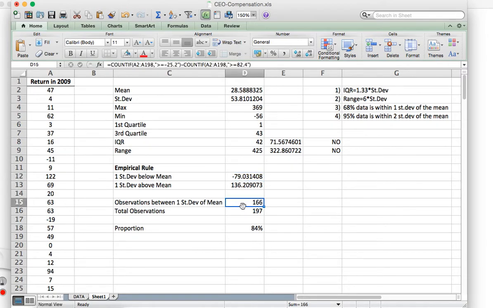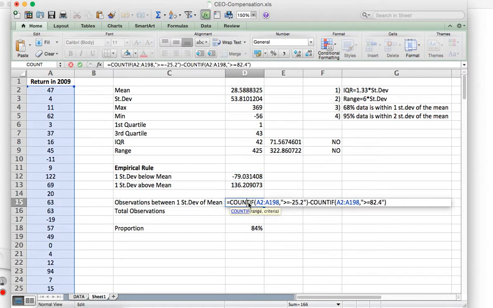And now I can do COUNTIF again, and I can change this lower value to minus 79.03. The value on the upper side is now 136.21. You can actually do cell referencing, but it's another formula there.